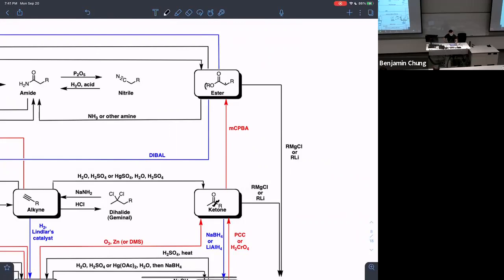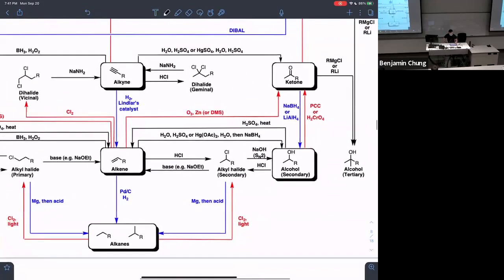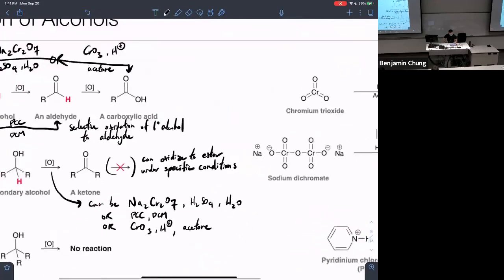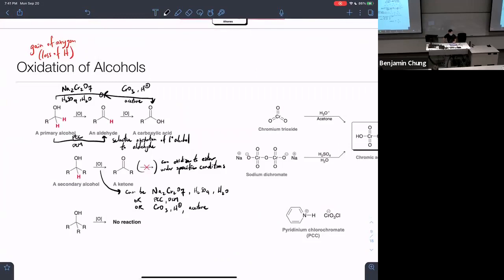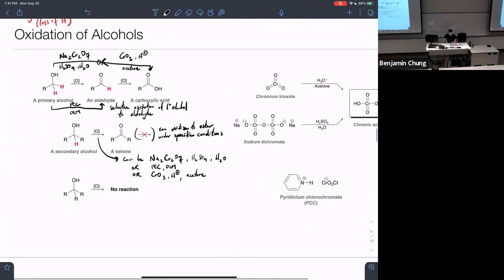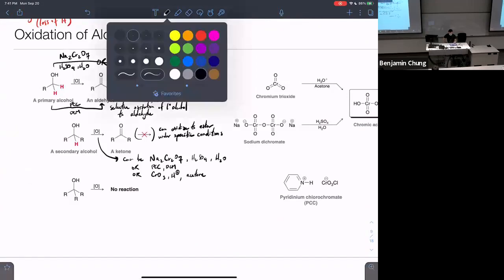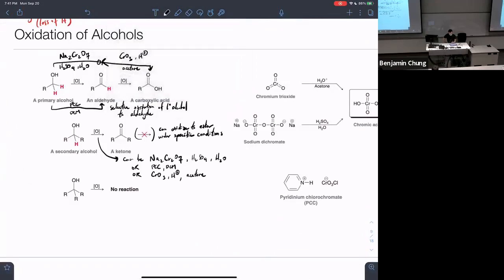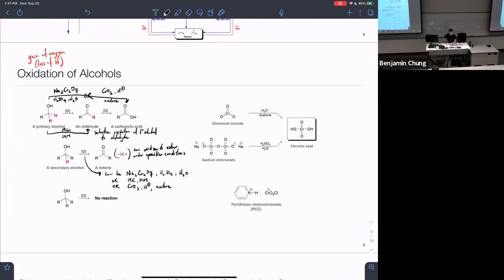This R ends up being that R, but again, you don't have to know that. Because it involves a carbon-carbon bond breaking, it's not exactly the same kind of oxidation. And then finally, tertiary alcohols: this carbon is already saturated, so you can't really oxidize it any further than that. So really, it's just primary alcohols and secondary alcohols that can be oxidized.